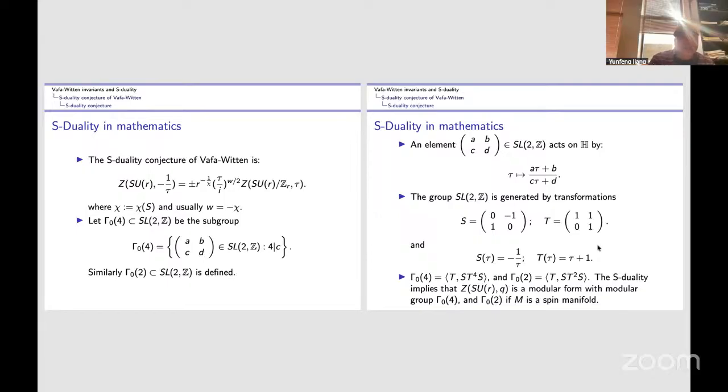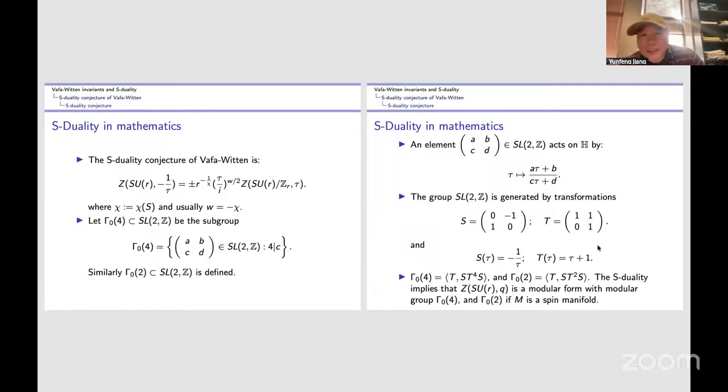If you think about the group SL2(Z), the 2 by 2 integer matrices with determinant one, you can define a subgroup Gamma_0(4) containing those matrices satisfying 4 divides c, and similarly Gamma_0(2) means 2 divides c, okay? S-duality means this.